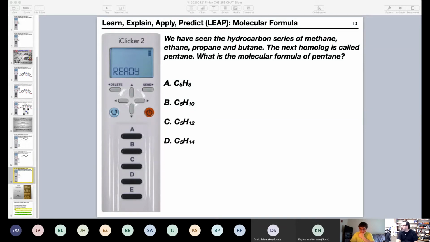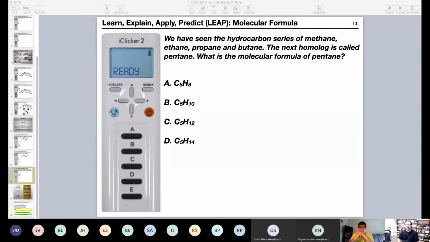As you see in some of the answers, Aiden put cyclopentane. If you have a carbon that does not have the maximum number of hydrogens, we say it's unsaturated.